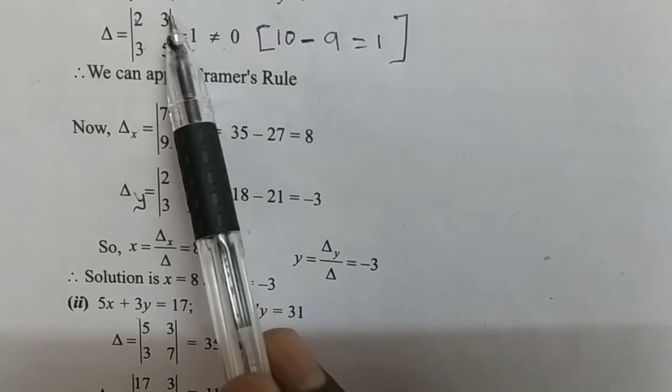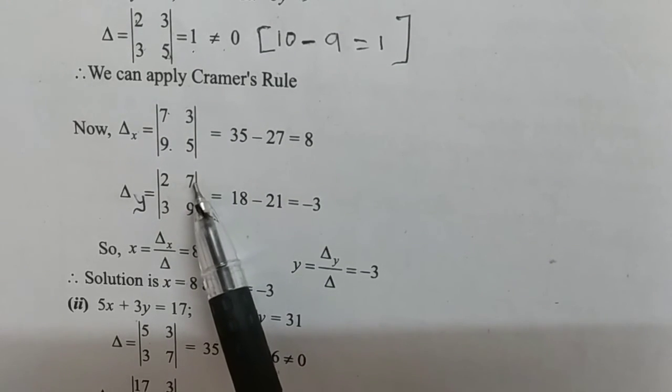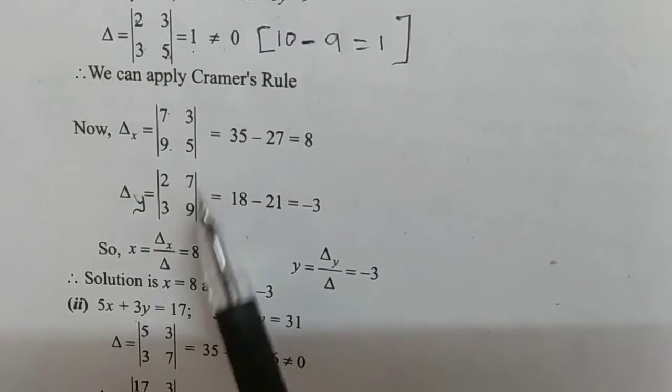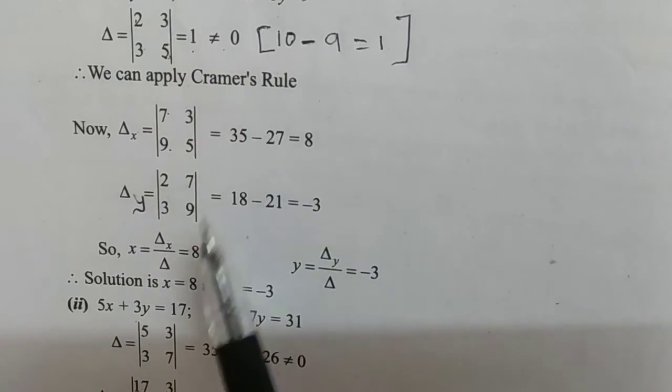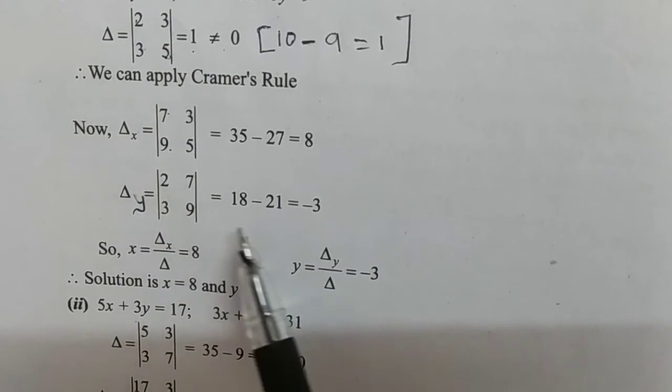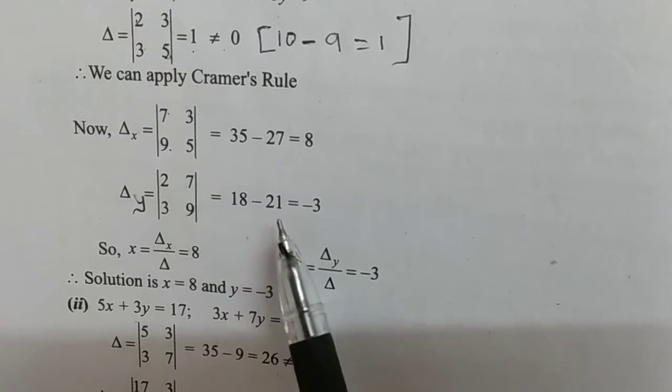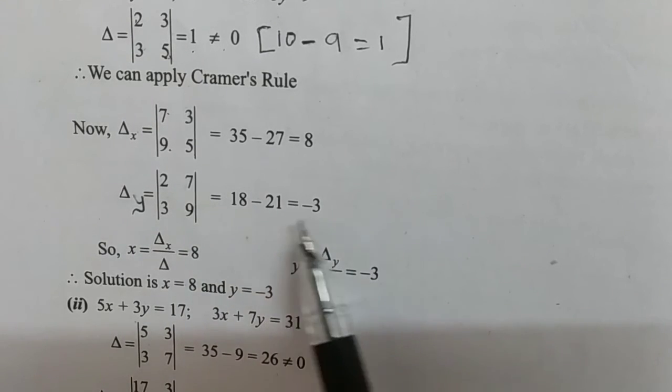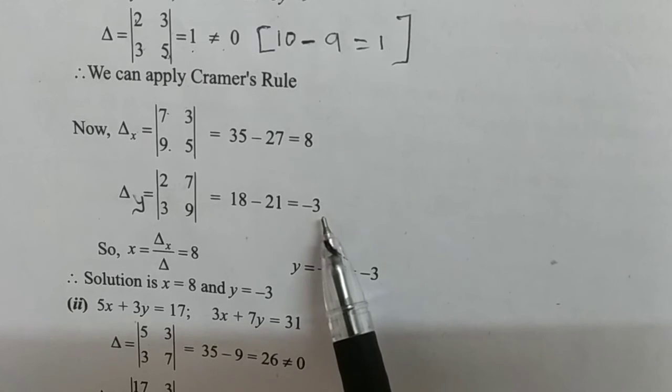What is the second column here? 3 and 5. Replace with 7 and 9, our constant values. The first column of delta stays 2 and 3. So 2 nines are 18 minus 7 threes are 21. 18 minus 21, we get the value minus 3.